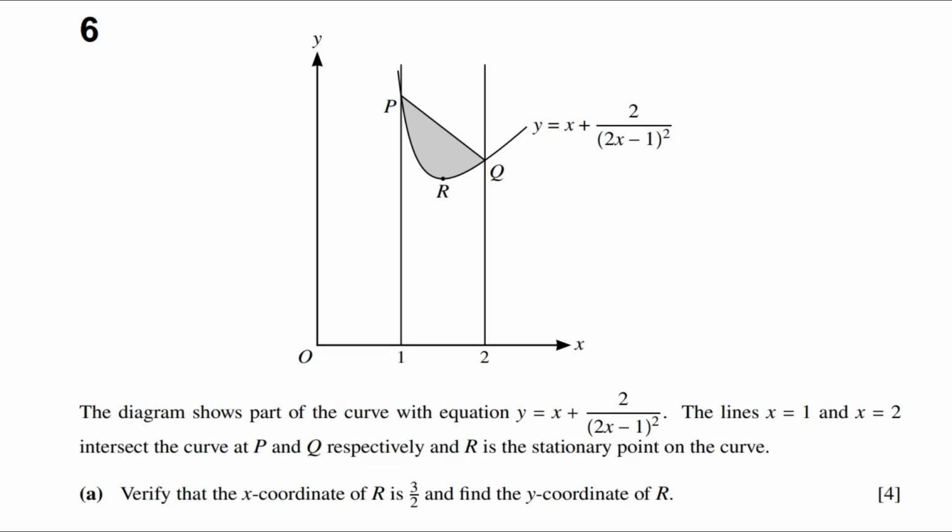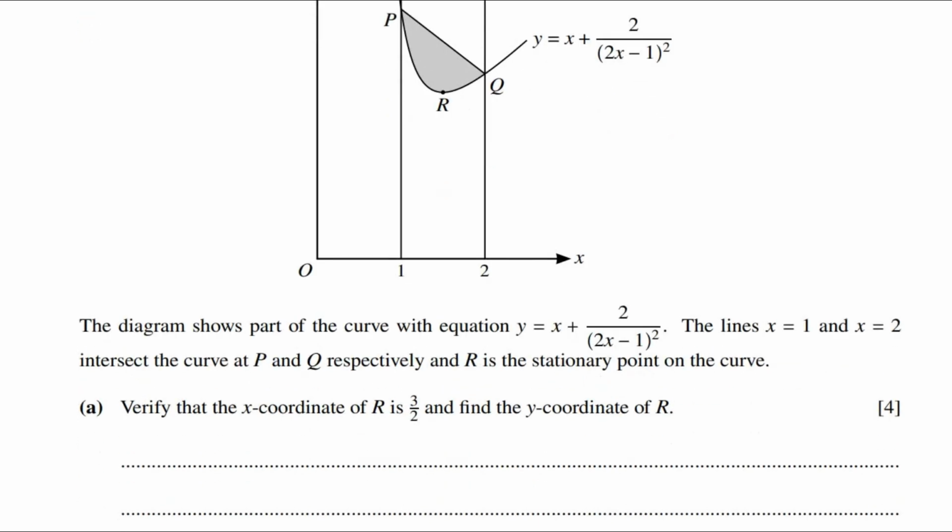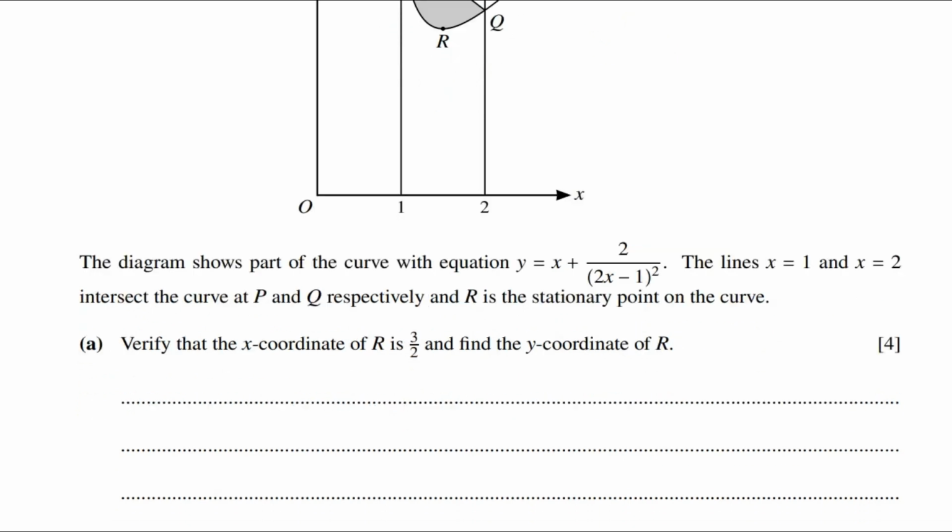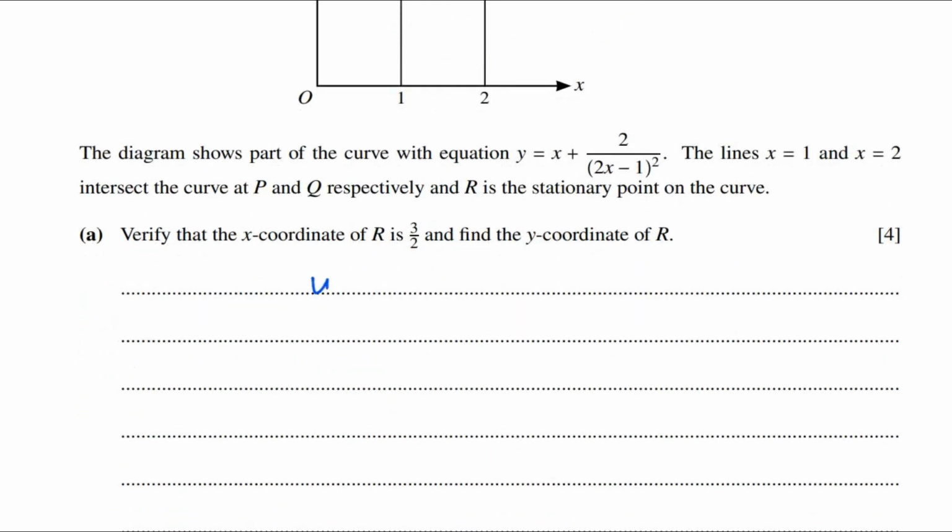And it's given R is the stationary point. So dy by dx is 0. Let's find out dy by dx. So first I'll write y as y is equal to x plus 2 times 2x minus 1 the whole power negative 2. Now differentiate this one.